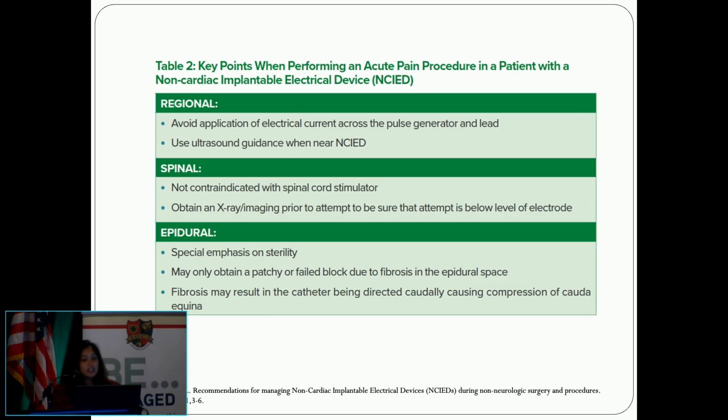But neuraxial anesthesia in patients with spinal cord stimulators can be performed, but it's important to review imaging to identify the location of the leads, the level of insertion, the extension of the wires, and the internal pulse generator. And it's imperative that the neuraxial placement occur below the level of the spinal cord stimulator to avoid transecting it.